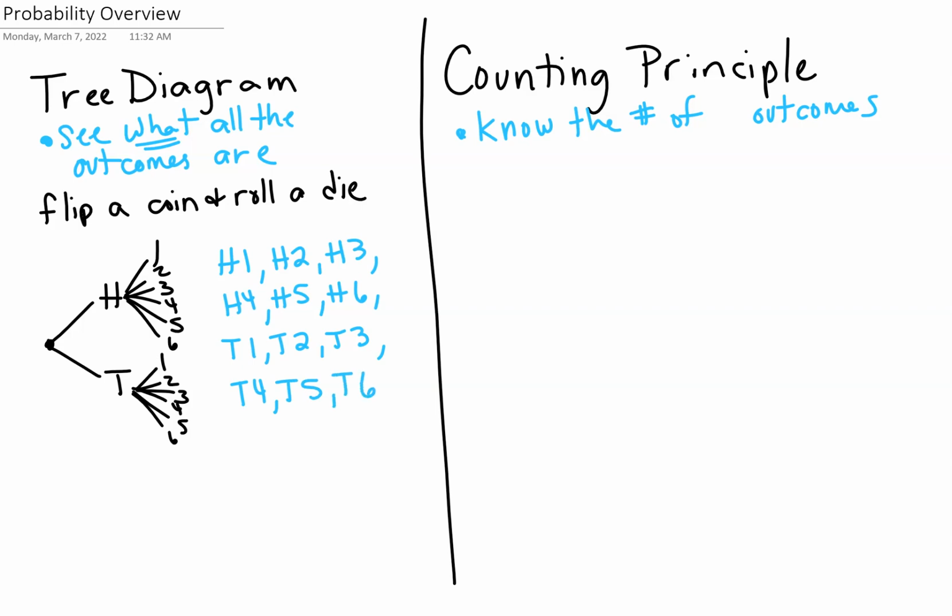And then we put curly brackets around it. When we've listed all of them, we call that the sample space. The sample space is all of the possible outcomes that we got.